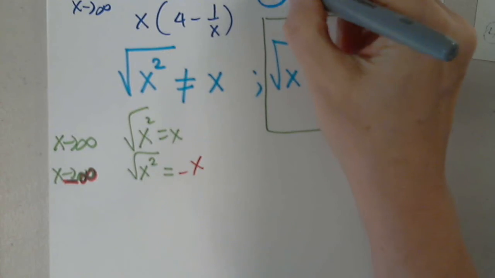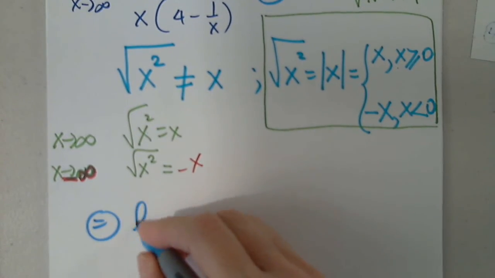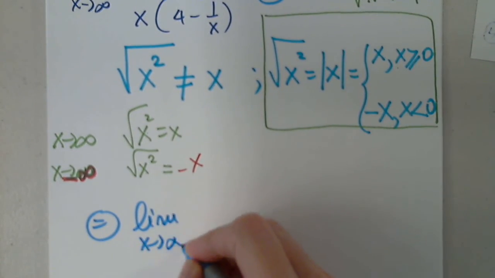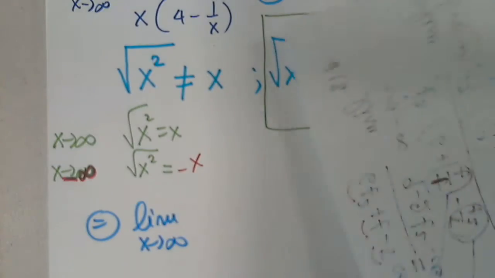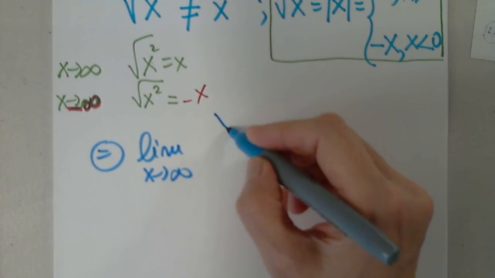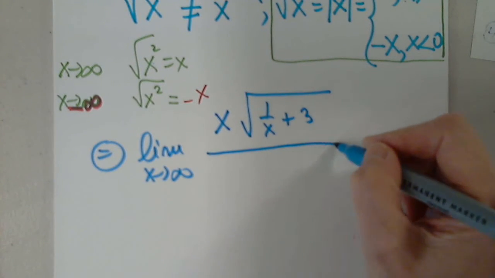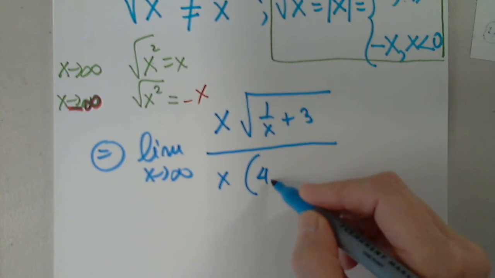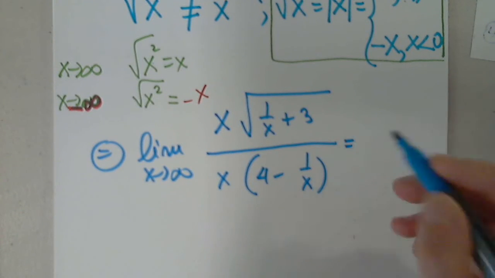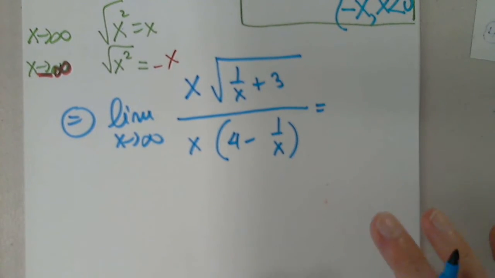So then we continue, and we write limit as x approaches infinity from x, the square root of 1 over x plus 3 over x squared, over 4 minus 1 over x. And now you'll tell me what you know I'm going to do next, for sure.